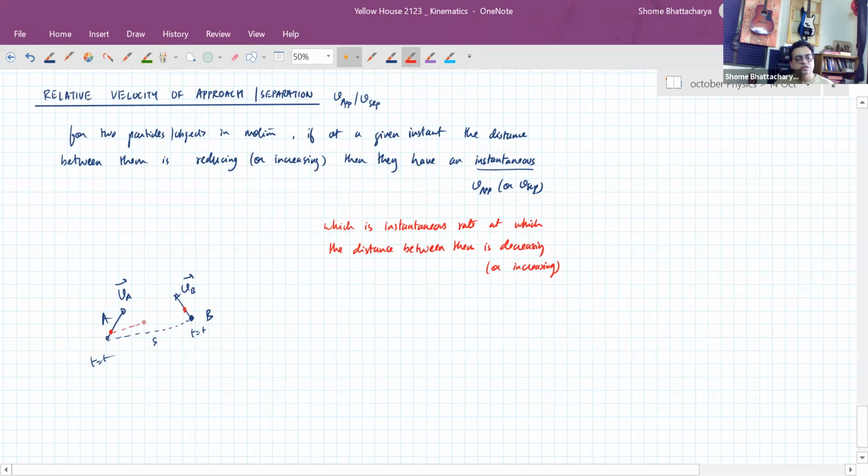So at time t plus delta t, the distance between them has decreased from s to s minus delta s. So in this case, A and B have an approach velocity.